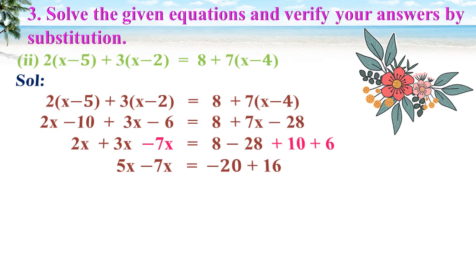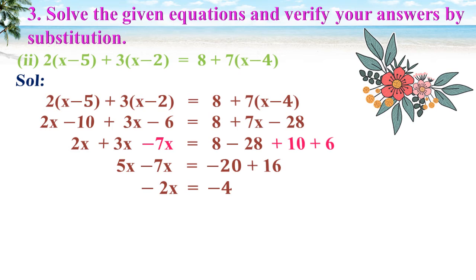So 2x plus 3x minus 7x is equal to, transposing minus 10 minus 6 to RHS. So 8 minus 28 plus 10 plus 6. It gives 2x plus 3x, 5x minus 7x is equal to 20 minus 28 plus 8 minus 20, 10 plus 6, 16.